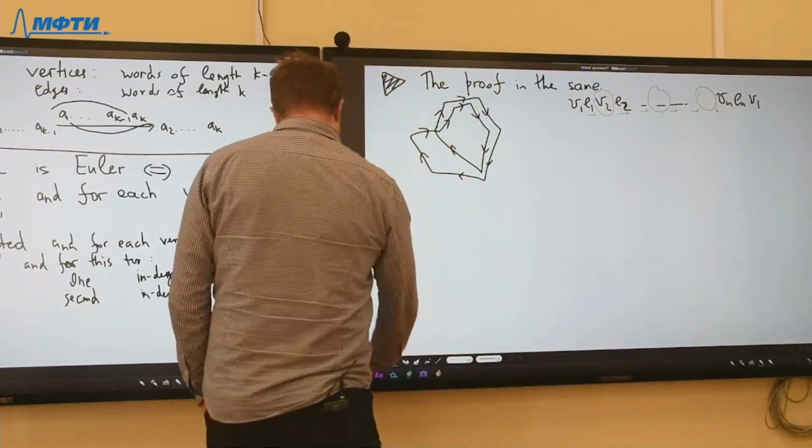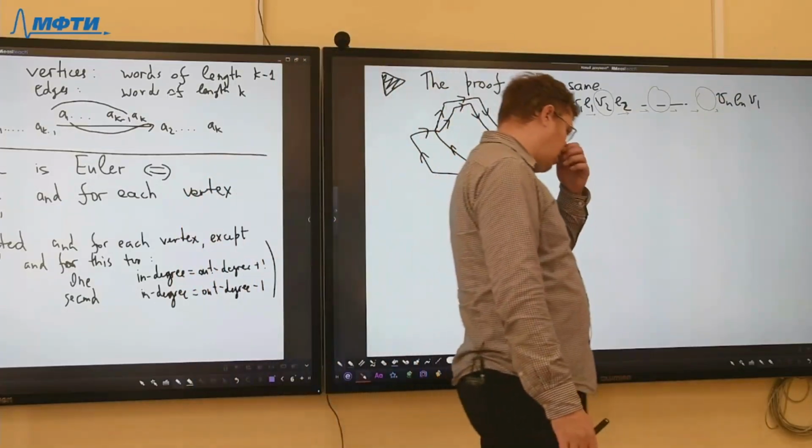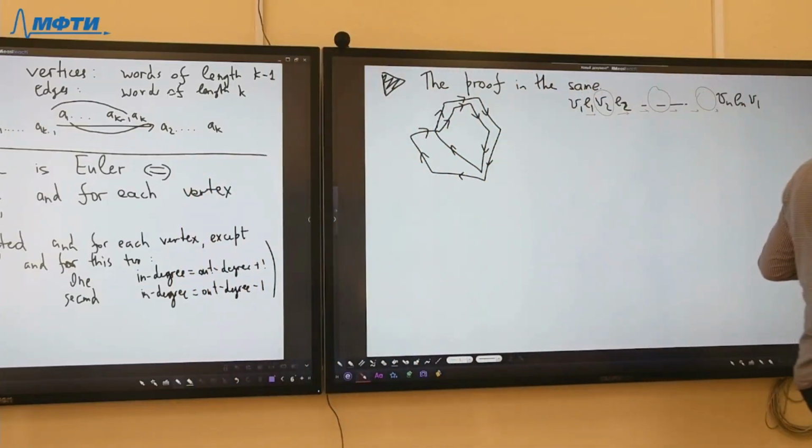And if you want to prove that if all vertices in the graph have the same in degree and out degree, then we just use the same idea.